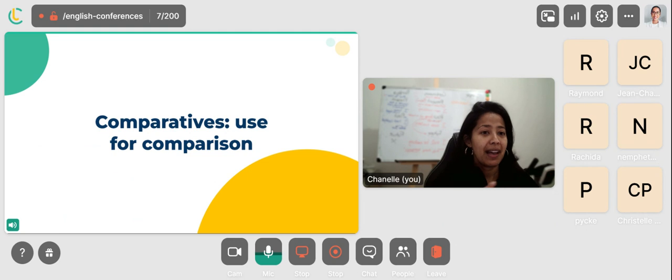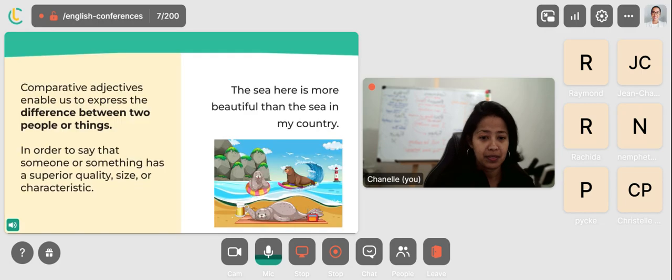So now that we have looked at our rules, let's look at how we use these comparatives and superlatives. Comparative adjectives enable us to express the difference between two people or things, in order to say that someone or something has a superior quality, size, or characteristic.